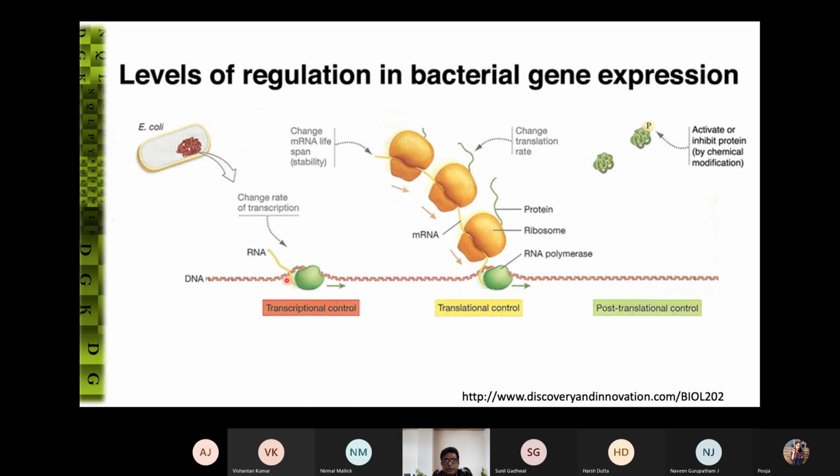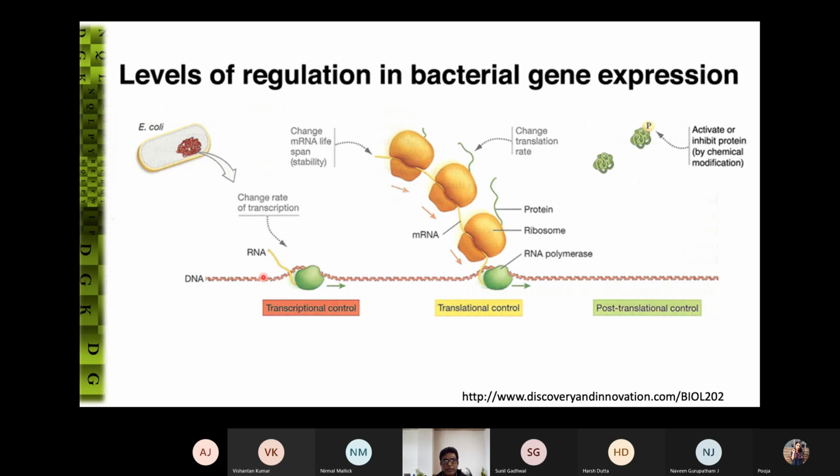So how does this work? Before we get to that point, let us just look at the principle of how this transcription occurs. Essentially, you'll have one signal which will give you this control of transcription that takes place.